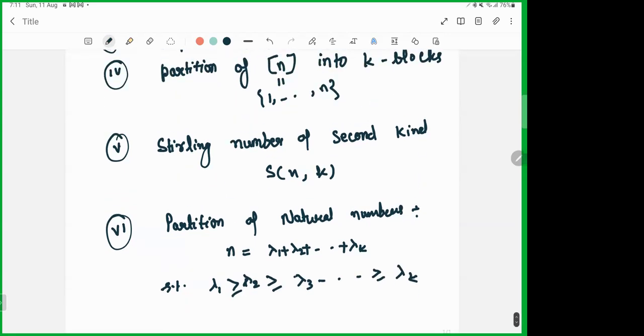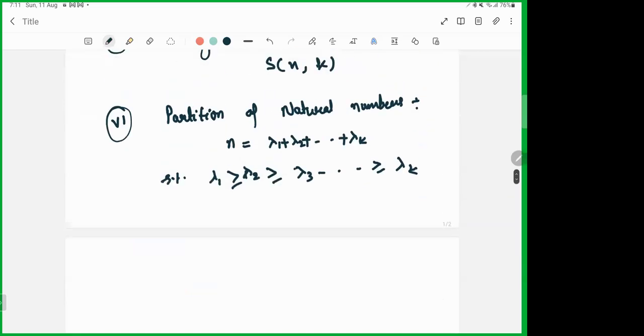The second condition is a sequence of the form lambda 1, lambda 2, lambda k, such that lambda 1 plus lambda 2 and so on.